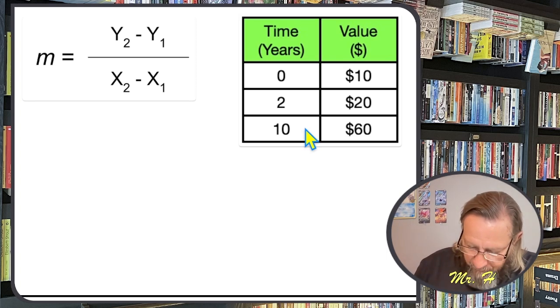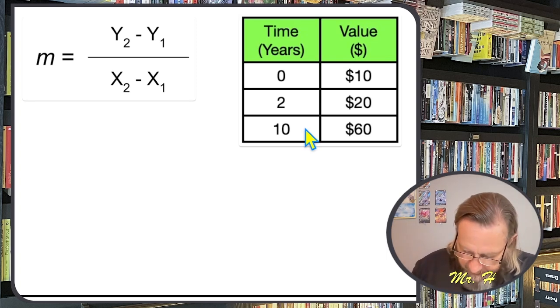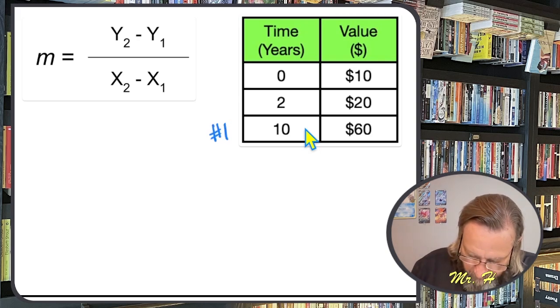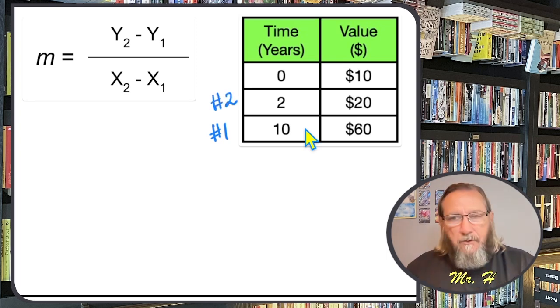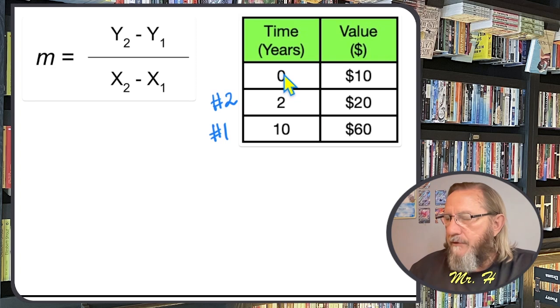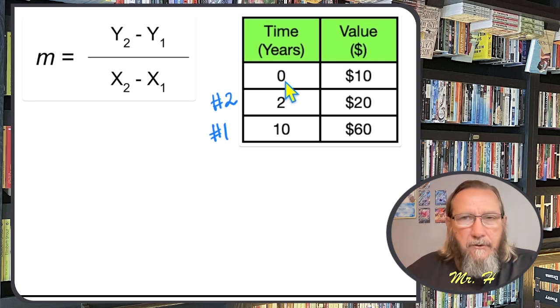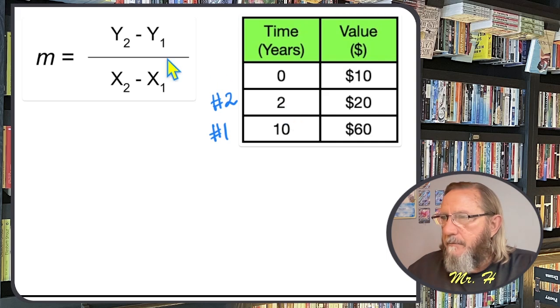So just for fun, we're going to take the last row here, and we're going to call this our point number 1. And we'll take the second row, and we'll call this one our point number 2. And then we'll plug in the formula. Now, if you want to work it out using another choice, you can, or you can work it along with us. But let's plug it in.